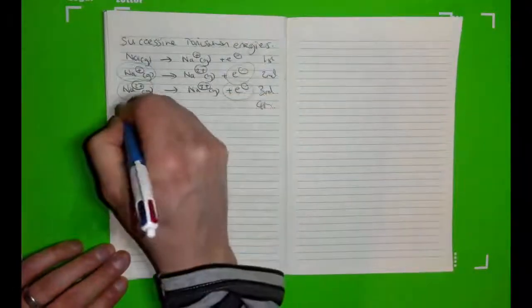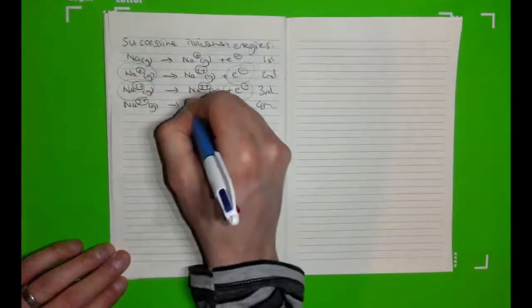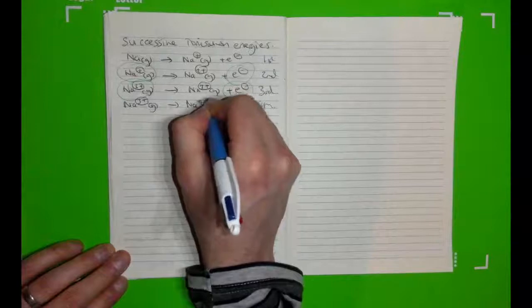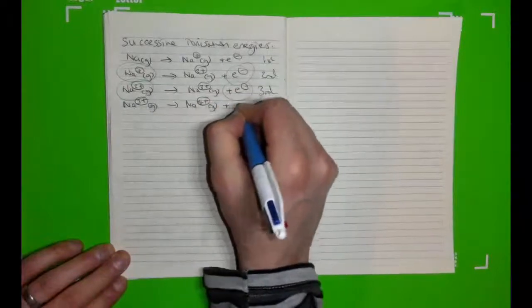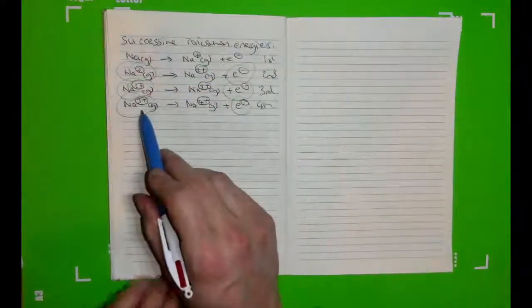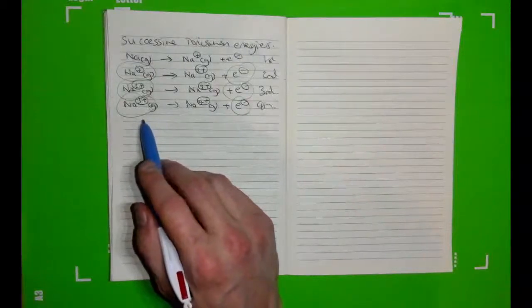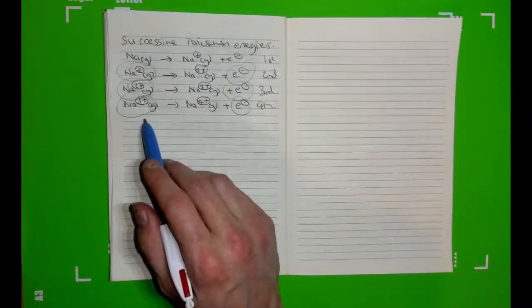If you go to the fourth ionization energy, we're removing an electron from a 3 plus ion. So there's going to be an even greater electrostatic attraction between the electron and the 3 plus ion. If there's more attraction, then there's a greater ionization energy.